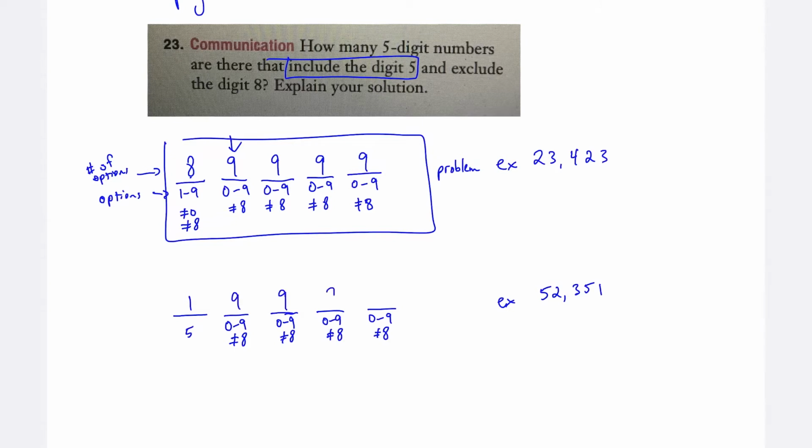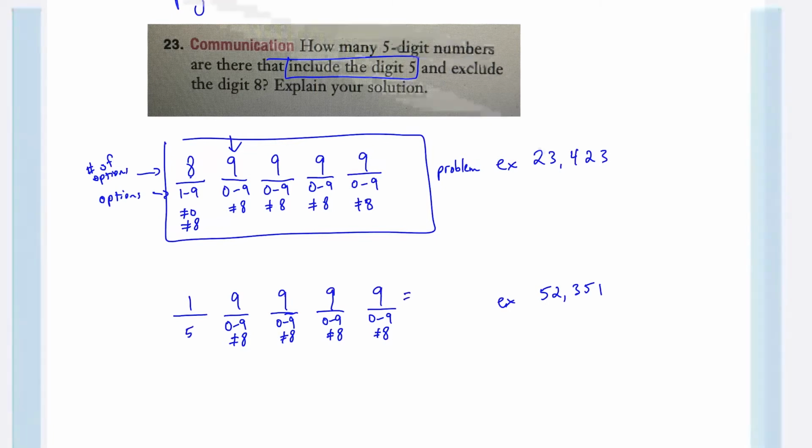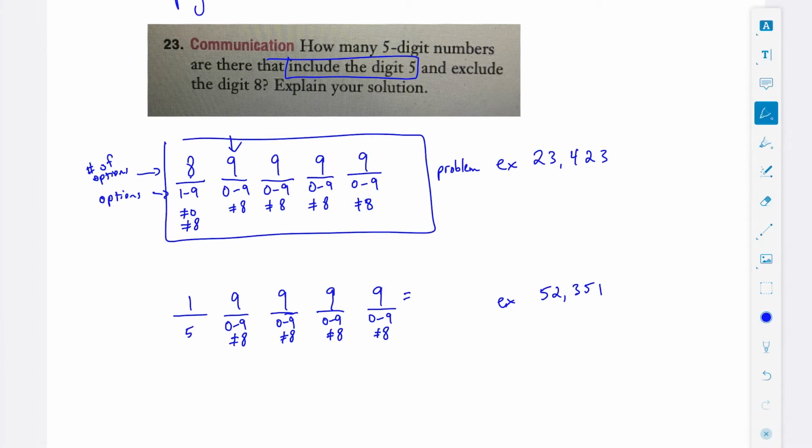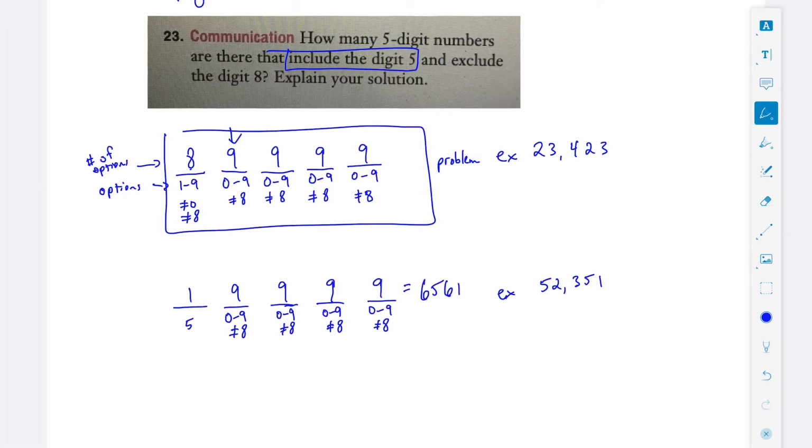So each of these would be 9 options, 9 options, 9 options, 9 options. That gives me 9 to the power of 4, which is 6,561.